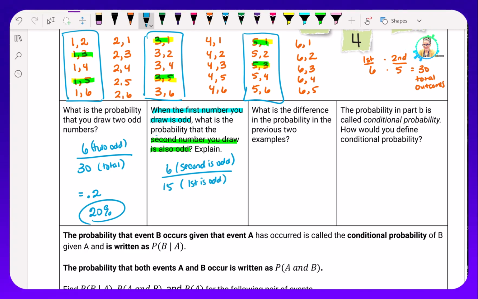Okay, so 6 out of 15, that's equal to 0.4 or 40%. So there is definitely a difference in probability according to the way the wording is. So what is the difference in the probability in the two previous examples? Well, it looks like in the second example, we are limiting our sample space.